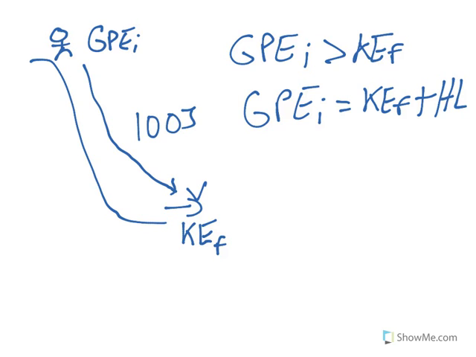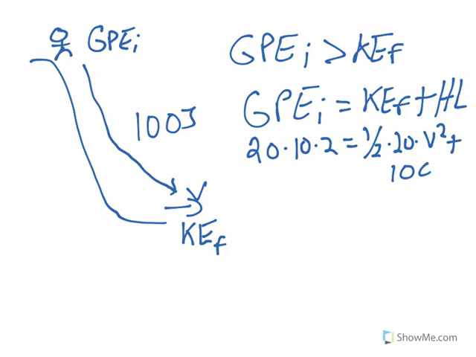So we have to add in the heat lost, HL. Alright, so let's figure out what the gravitational potential energy of this girl is, right? It's 20 times 10 times 2, and that should equal 1/2 times 20 times v squared, and then we can add in 100 joules there.